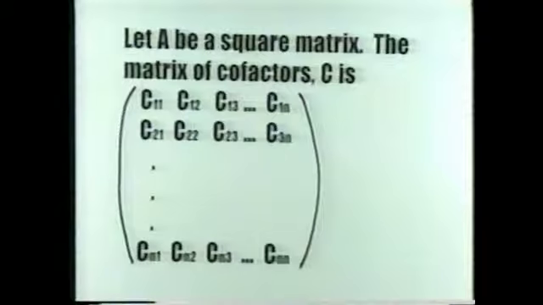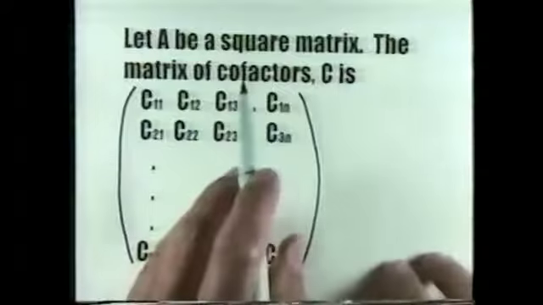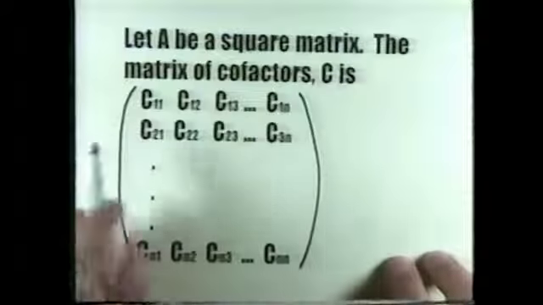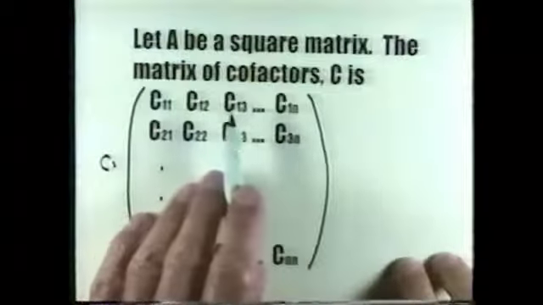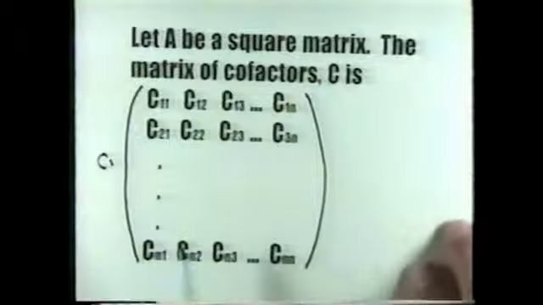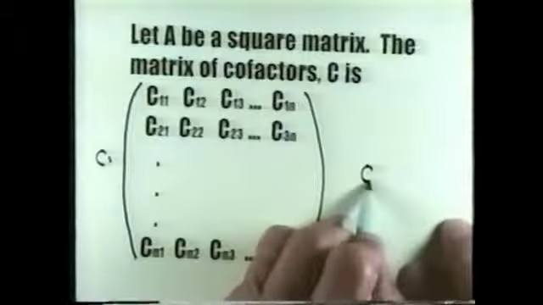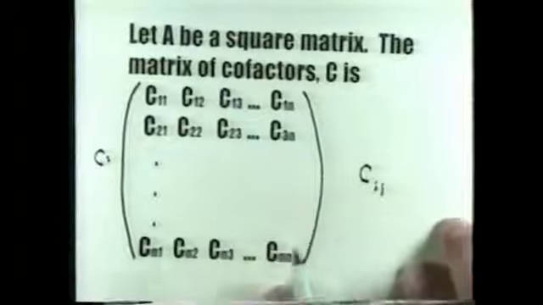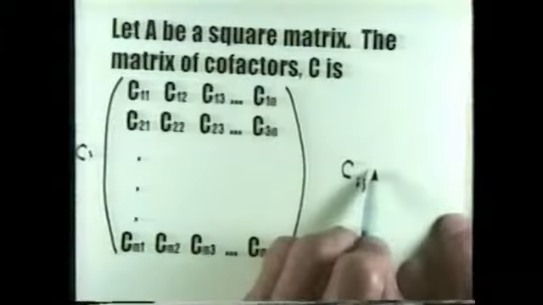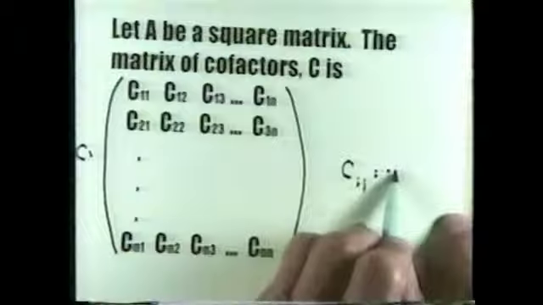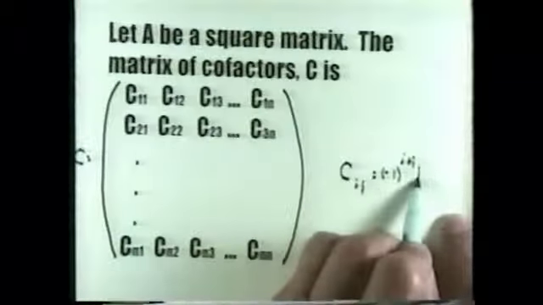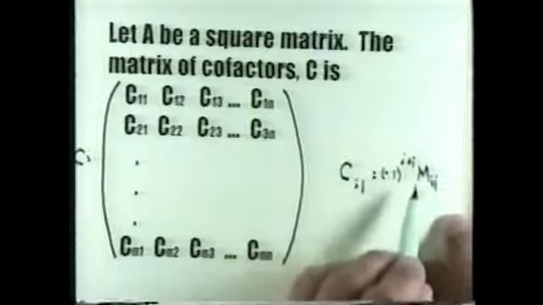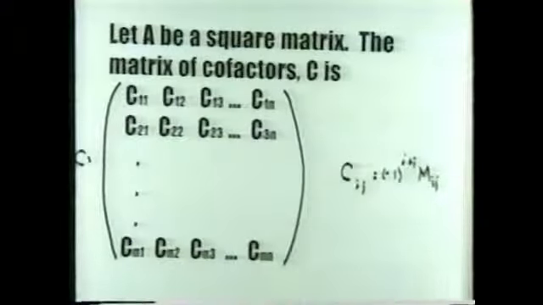Let A be a square matrix. The matrix of cofactors, C, is the matrix that you can see here: C11, C12, C13, and so forth. Well, Cij, remember, is going to be -1 to the i plus j times Mij, where Mij is the minor.